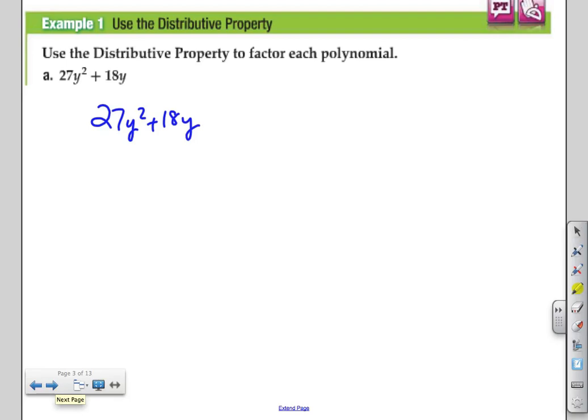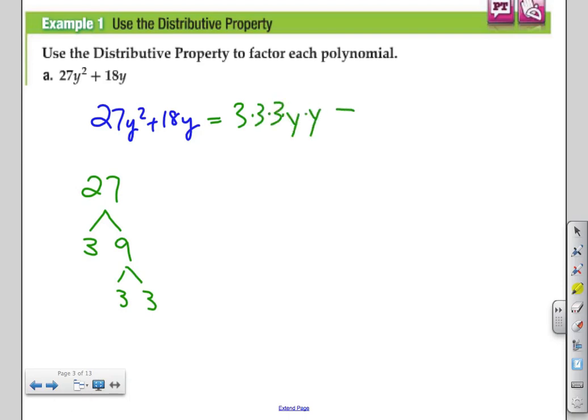Okay, well, let me factor that. How does 27 factor? 3 times 9, 3 times 3, right? So 27 is 3 times 3 times 3, and y times y. Plus, factor 18: we have 2 times 9, 3 times 3, so that's 2 times 3 times 3.